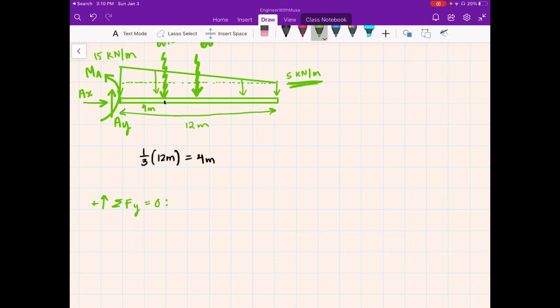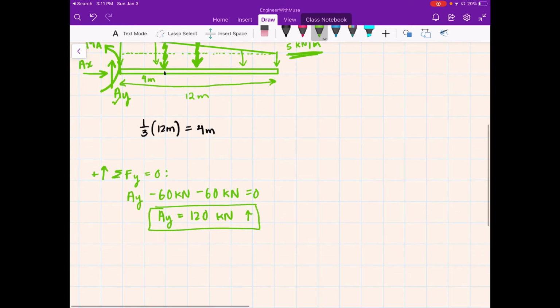And we have AY right here minus 60 kilonewton minus 60 kilonewton is equal to 0. Therefore, AY is equal to 120 kilonewton. And this is positive.